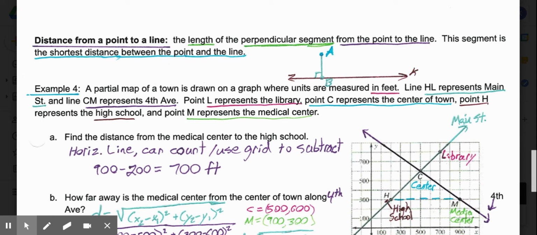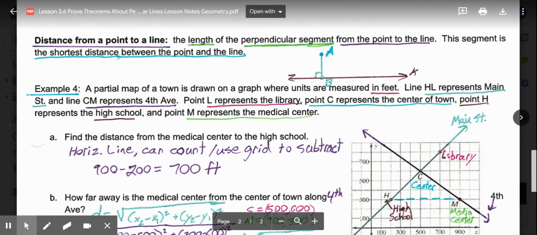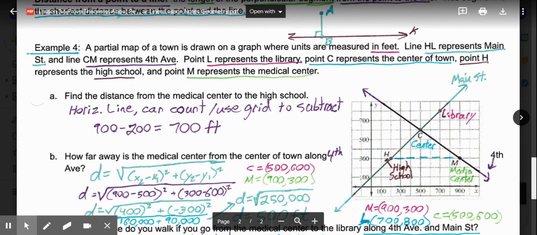And then we get into example 4, which is using some of our reviews from previous lessons and some of the ideas from this lesson about perpendicular lines. So what it says down here is a partial map of a town is drawn on a graph where units are measured in feet.